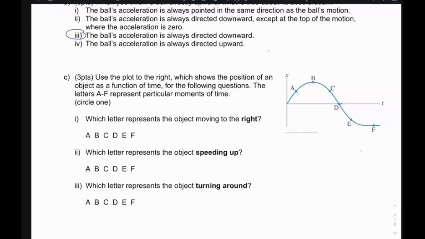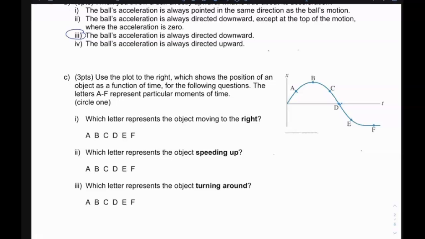In Part C, we use the plot to the right, which shows the position of an object as a function of time, for the following questions. The letters A through F represent particular moments of time. Circle 1. In the first question, we're asked which letter represents the object moving to the right.